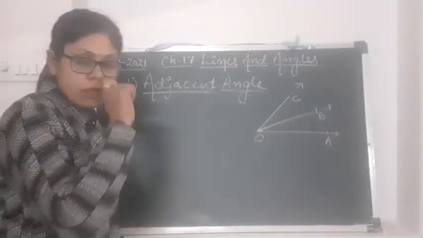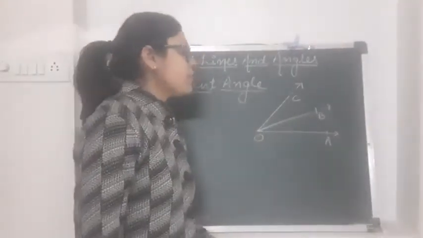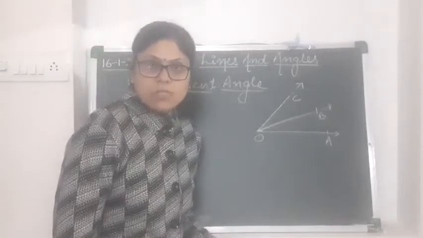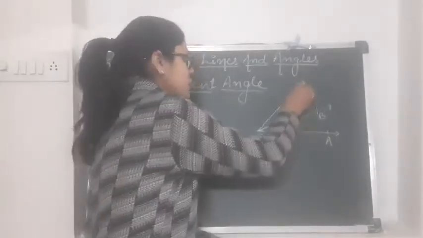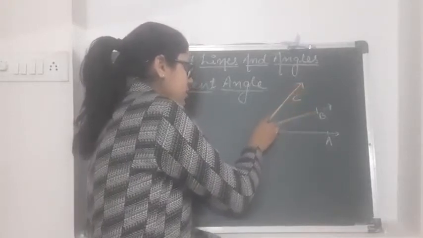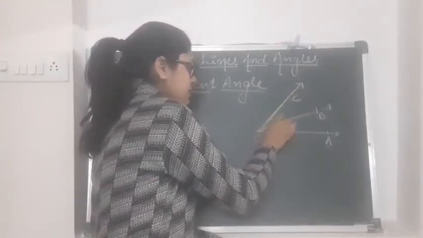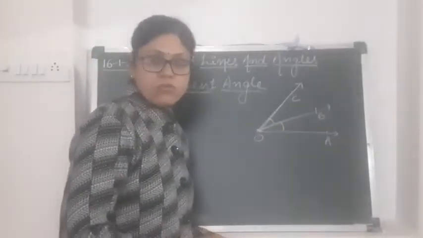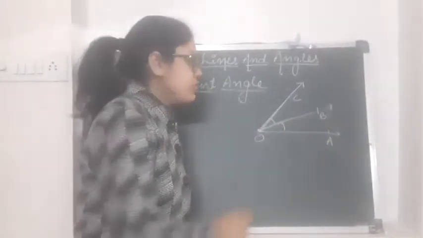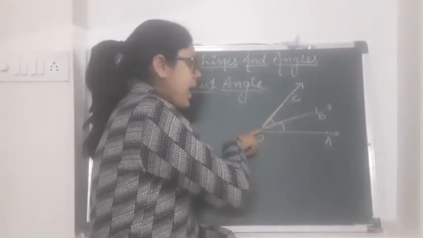What is the adjacent angle? When two angles are formed such that they have a common vertex. Two angles are forming here, one is this and one is this. They have a common vertex, wherever these two rays meet, that is a vertex, and a common arm.